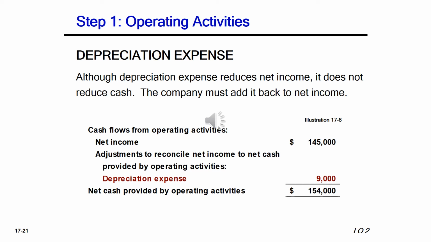We will put in the net income, which we got from the income statement, at 145,000. The adjustments to reconcile net income to net cash provided by operating activities is to add back depreciation expense. In this case, the total depreciation expense we had was 9,000, so we're going to add that back, and that will give us net cash provided by operating activities.